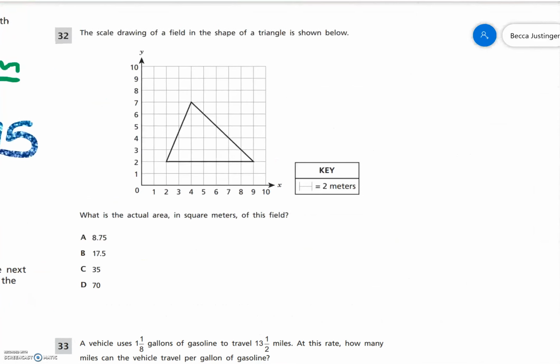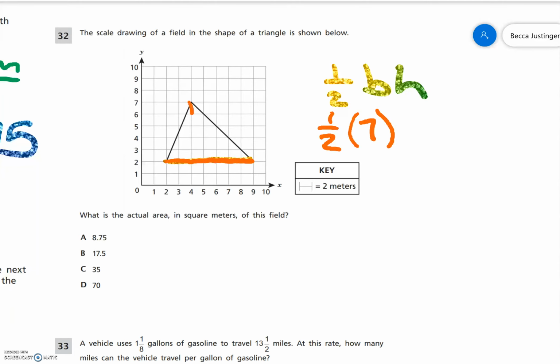32. The scale drawing of a field in the shape of a triangle is shown below. What is the actual area in square meters of this field? So we are going to find out, area of a triangle is 1/2 base times height. So 1/2, the base is 1, 2, 3, 4, 5, 6, 7.